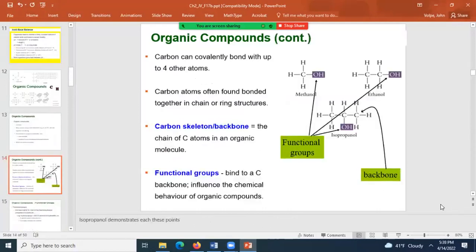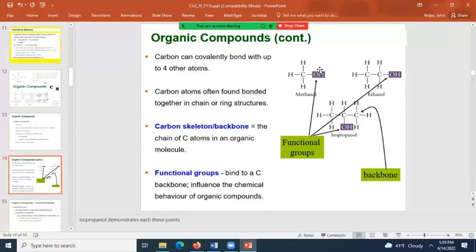What are some examples? Well, an organic compound has functional groups attached to it. So methane, which has a hydrogen here, when we put an OH group on it, that gives this molecule different properties than methane.